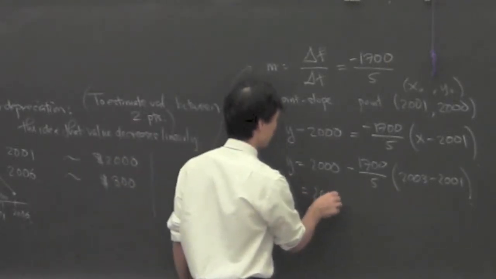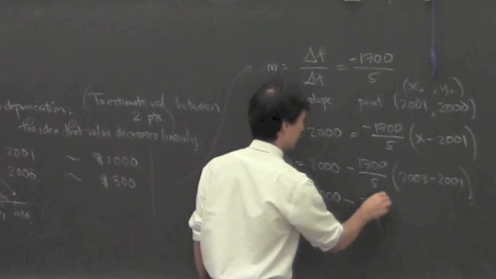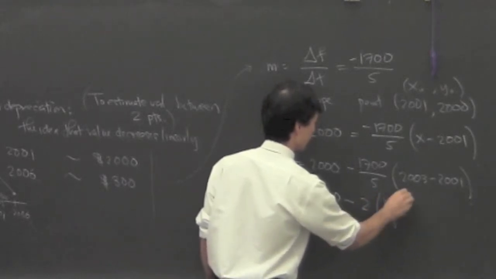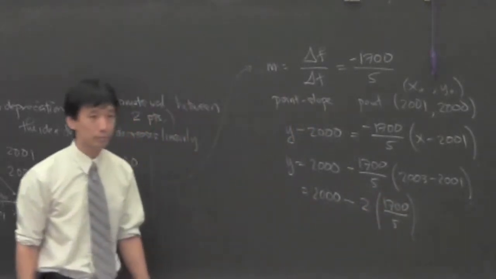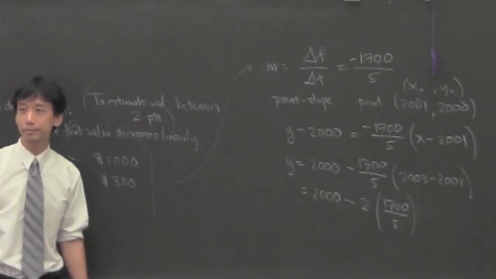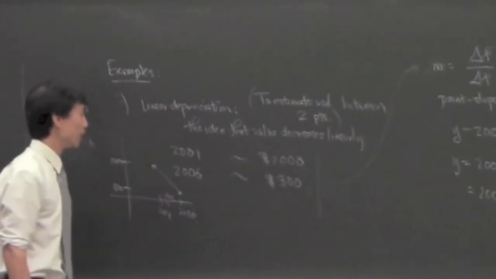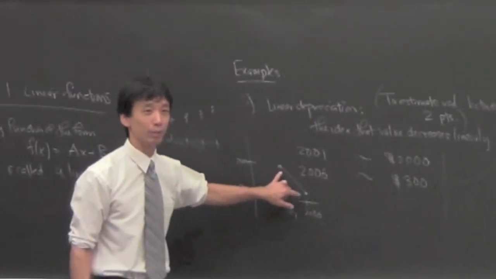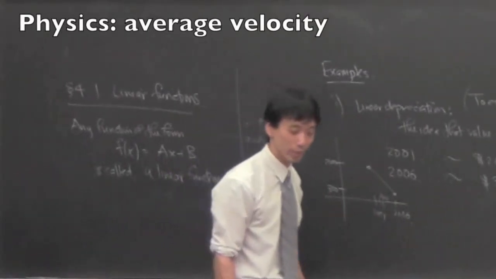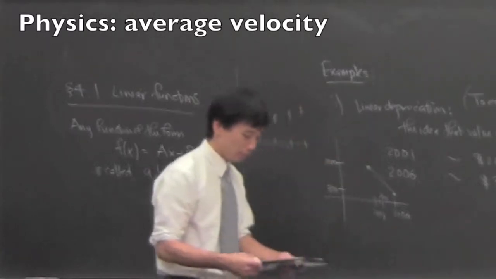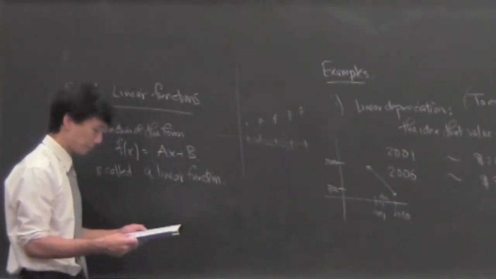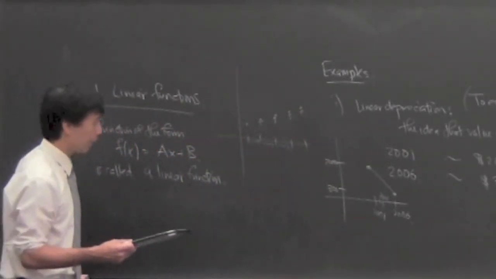Okay, 2000 minus 2 times 1,700 over 5. So this is how you might get some guess as to what the value was at a point in between.